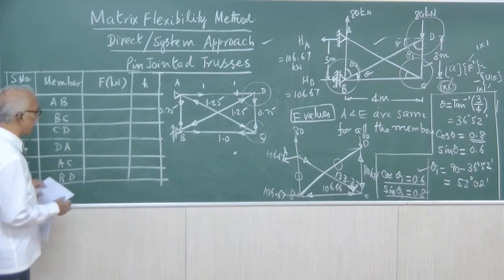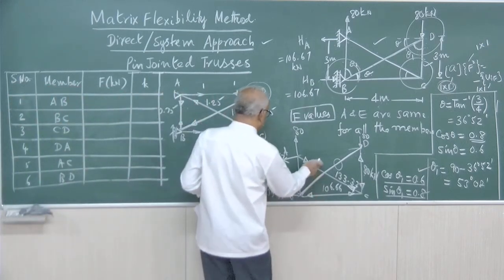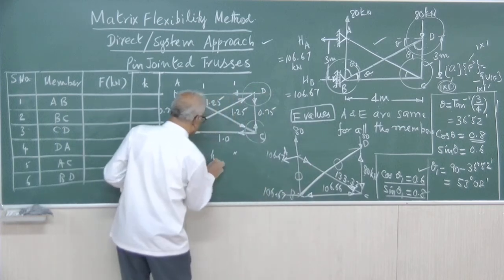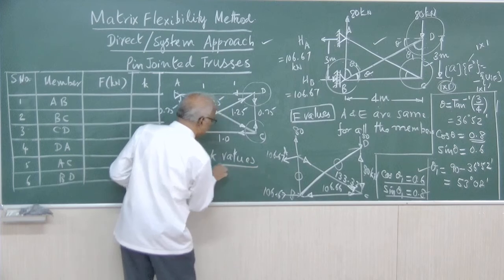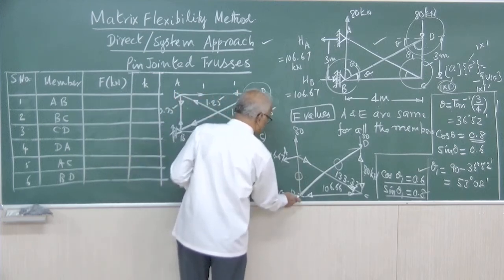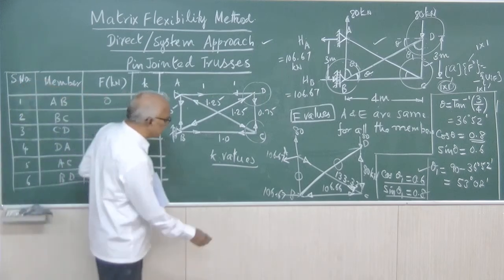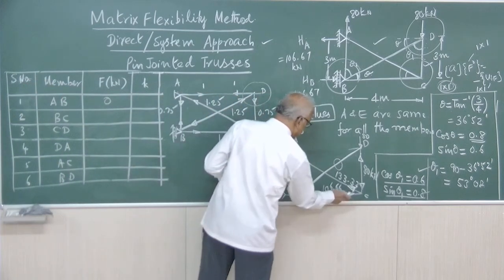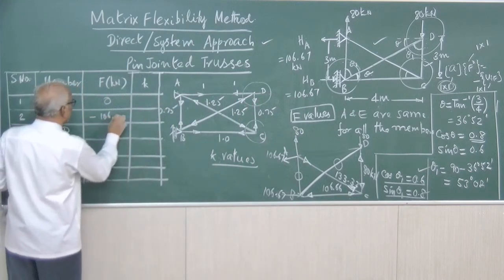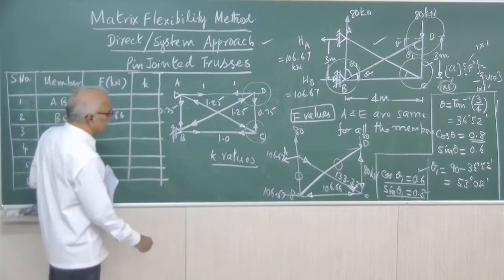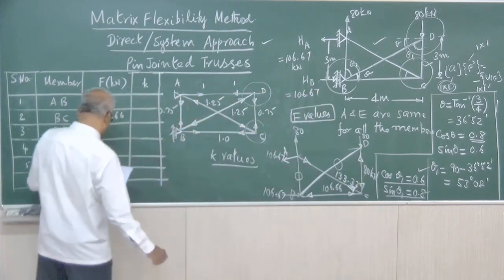Now, for AB, first we have to write down the F values. These are the F values in kilonewton. For AB, it is 0. For BC, it is compressive, therefore minus 106.66. Then CD is again compressive, therefore minus 80.